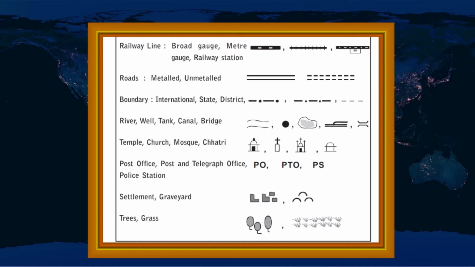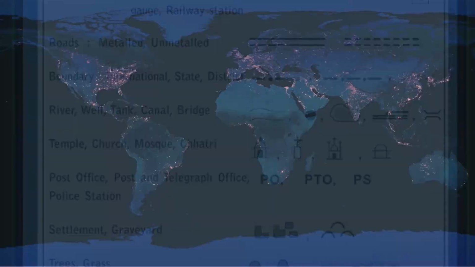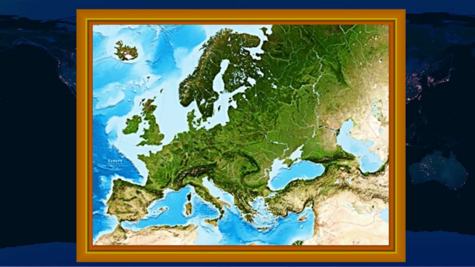These are called conventional signs and symbols. In physical maps, different colors show different landforms. Green is used for plains, blue for oceans and seas, and yellow for deserts. These make maps very attractive. With the help of all the features, one can interpret any map with ease.